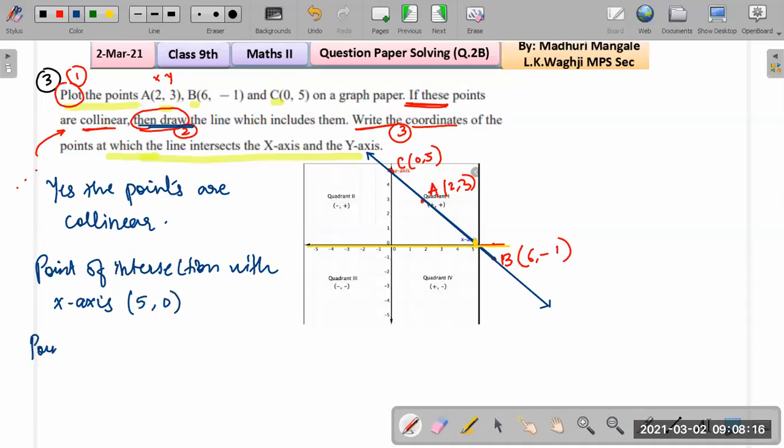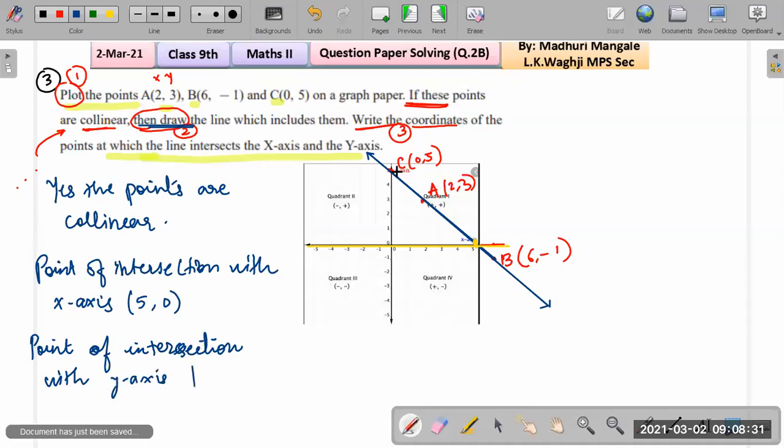And what about the point of intersection with the y-axis? Yes students, over here you can check, this is 0 comma 5. So 0 comma 5, that completes the solution. All right, so 3 parts. First you need to plot.